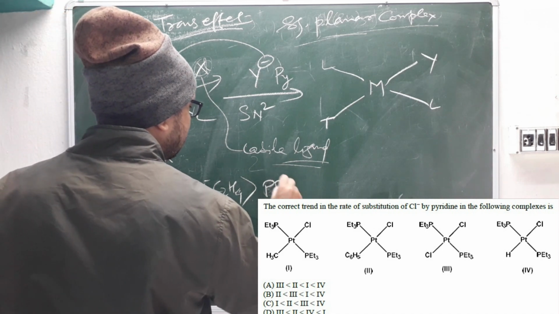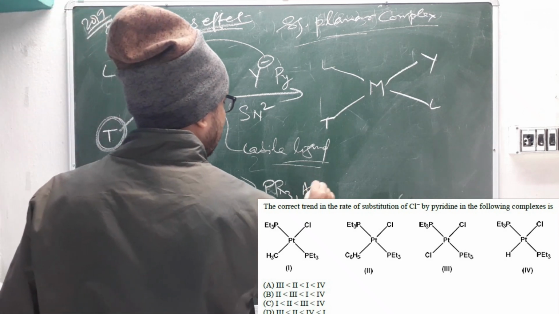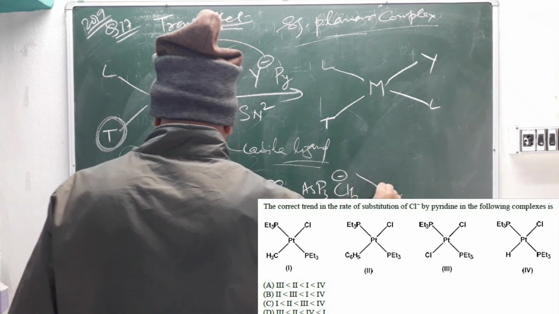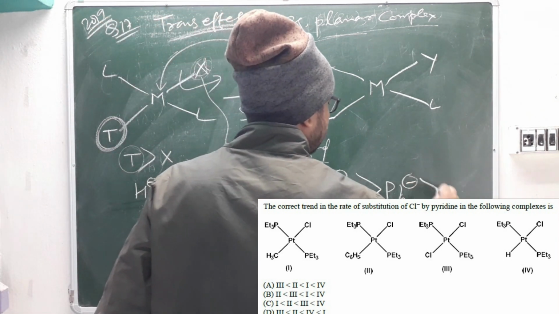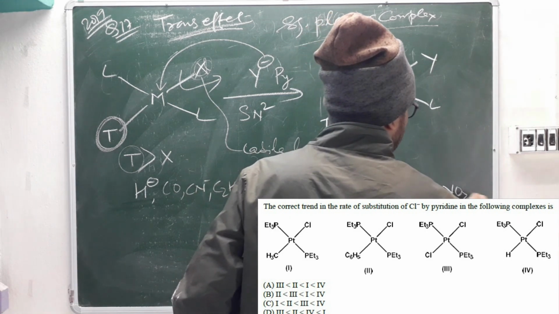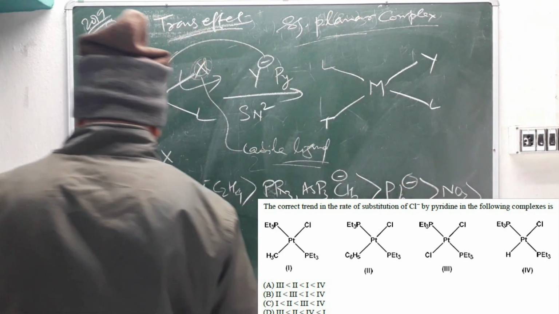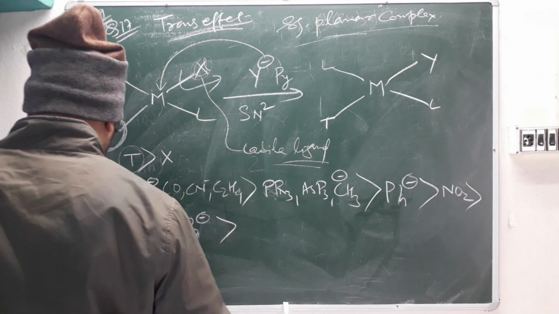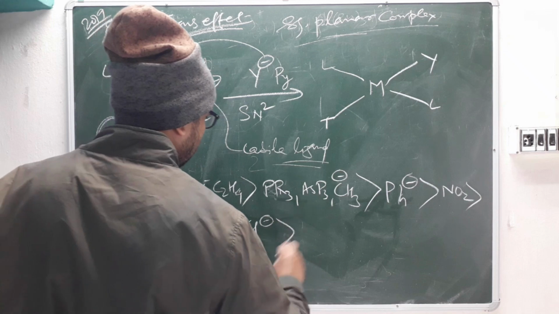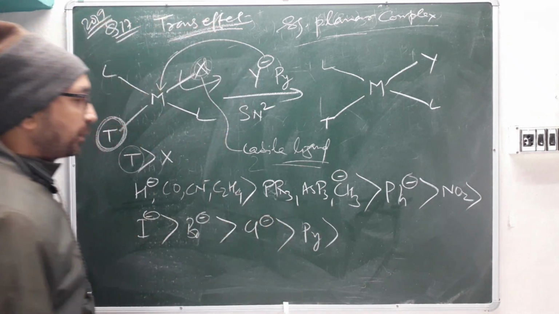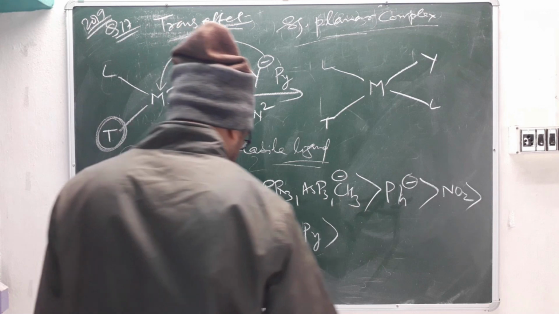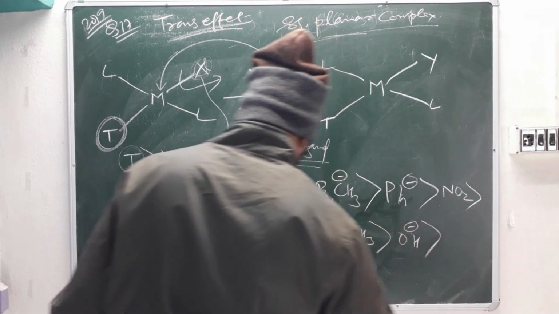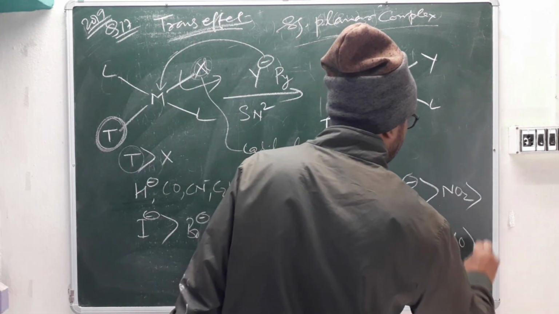This will be PR3, and then AsR3, and then CH3 minus, then phenyl minus, and then nitro, then iodine, then bromine, then chloride, then pyridine, and then NH3, then OH minus, then water, and finally fluorine.